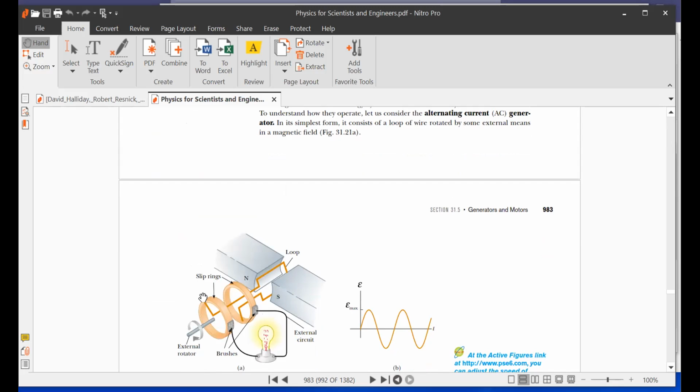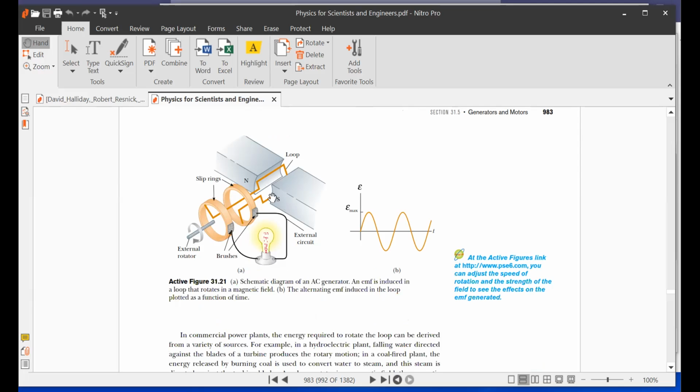We have an external rotator, and this rotates in the magnetic field. Then it will produce an induced electric field, an electric current, which will light up this line.